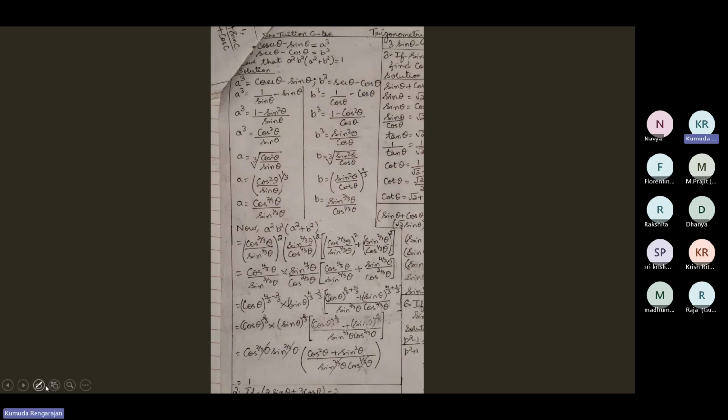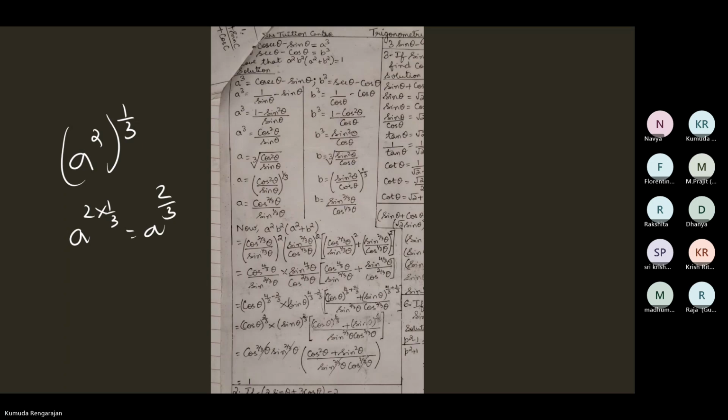So cube root means to the power 1 by 3. And again, by the law of exponents, when the base is raised to many powers, like a square the whole power 1 by 3, you have to multiply the powers, 2 into 1 by 3. So a to the power 2 by 3. So that's what we do here.